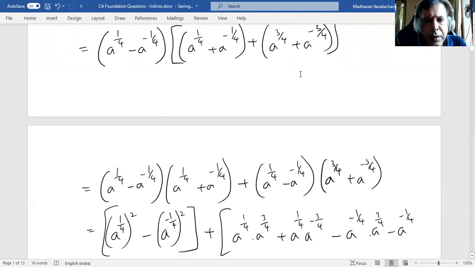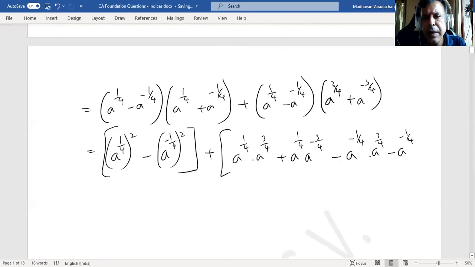This into this, yeah, correct. Then a to the power of minus 1 by 4 into a to the power of minus 3 by 4.